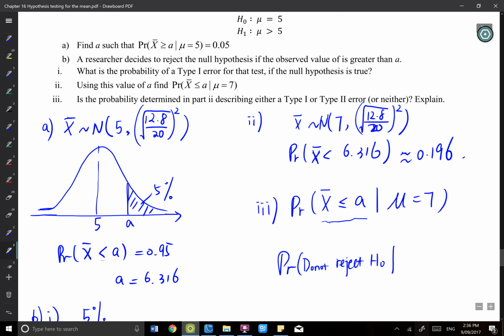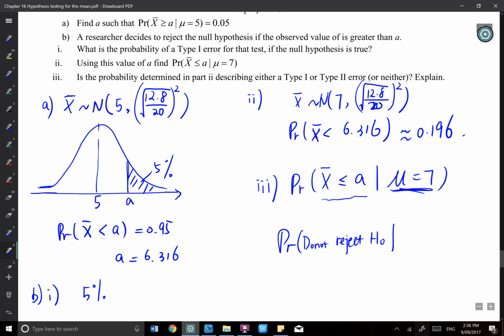Okay, given mu is actually 7, should we reject it? Well, is H0 correct? When your mu equals 7, is your H0 correct or wrong?